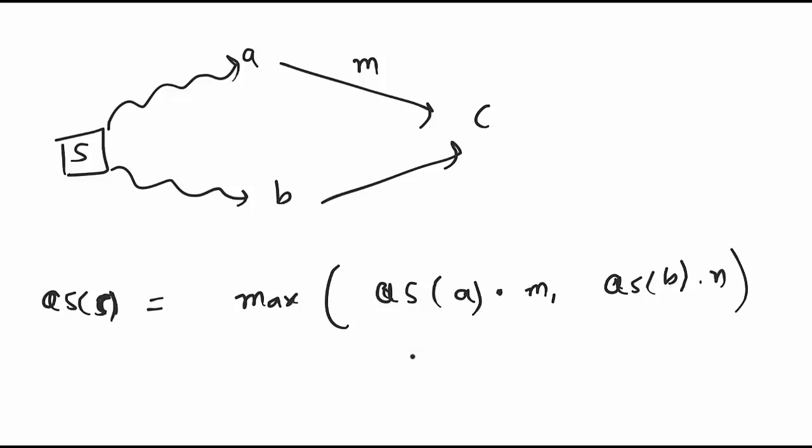I hope this is clear. This is basically just saving those quality scores for future computation, which is computing the quality score of C, right?